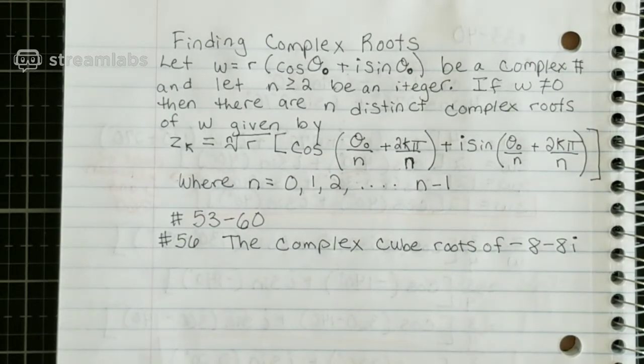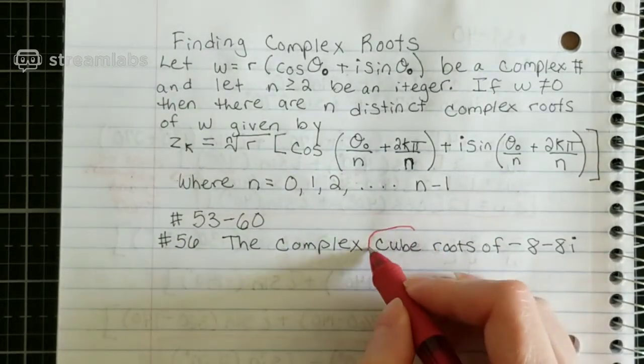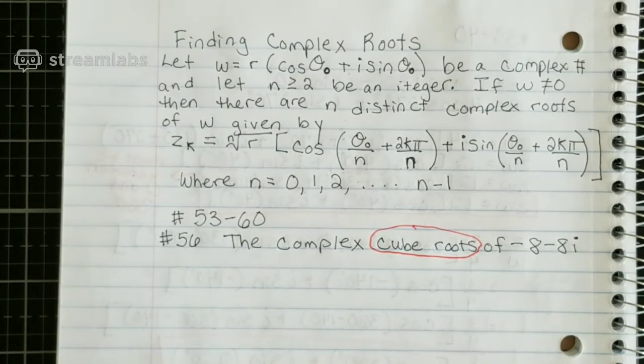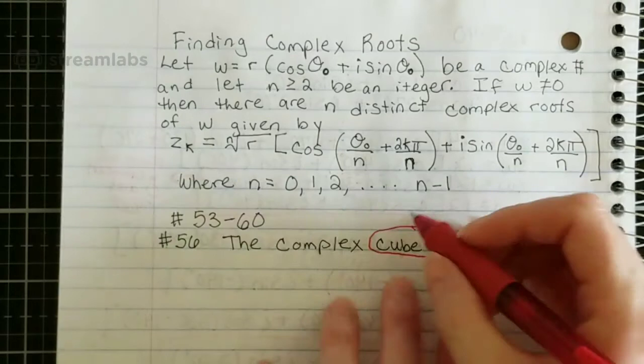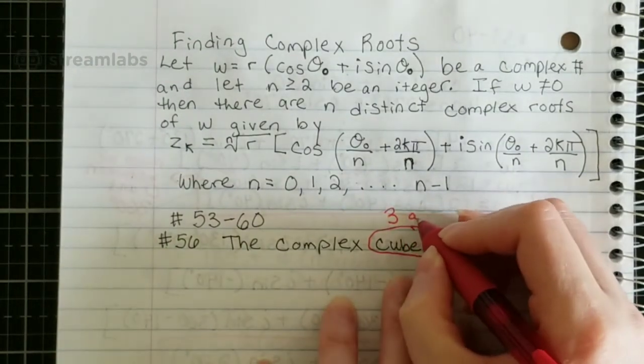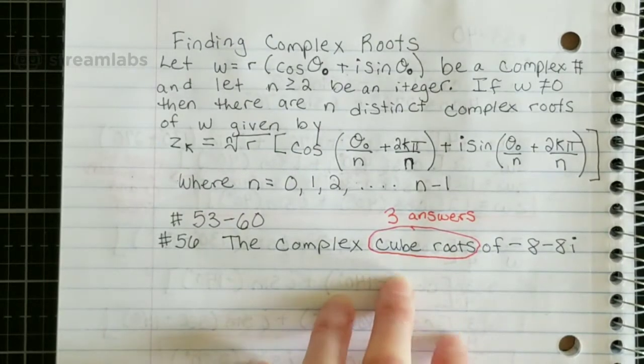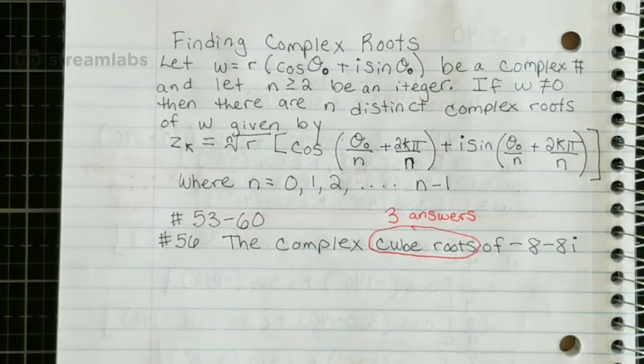Okay, so you're going to have to read this word right here. This is the important part. How many roots did they tell you in there? It could say square root, it could say cube root, some of them say fourth root or fifth root. That's how many times you're going to have to write this thing out. So cube root means 3 answers. If that had said the 4th root, then you're going to have to do 4 answers. So you'll have to do this thing 4 times.